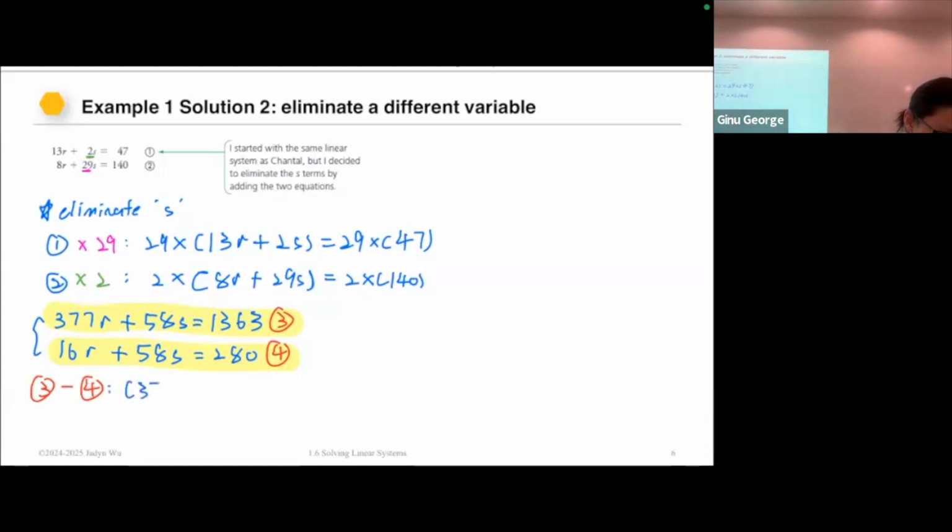So we have 377R plus 58S minus 16R plus 58S. And remember, there should always be brackets because we are subtracting the entire side of it. Minus 280 here. And then we can open the bracket. While we open the brackets, this plus will become a subtraction for this 58. So actually I can just copy and paste the things here.